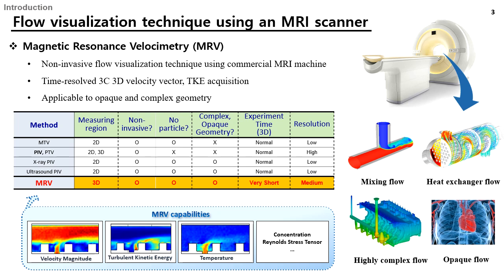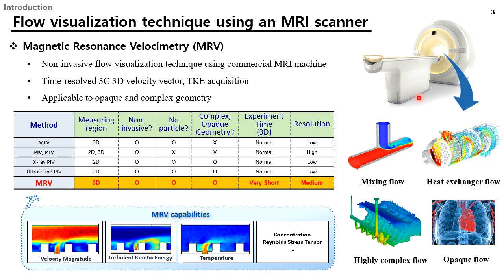In this slide, I will give you a brief introduction to MRV. MRV is a flow visualization technique that uses a conventional MRI scanner. Unlike other technologies, it measures in a 3D region and is a non-invasive technology, meaning it doesn't require tracing particles.